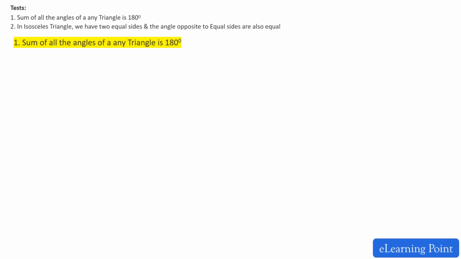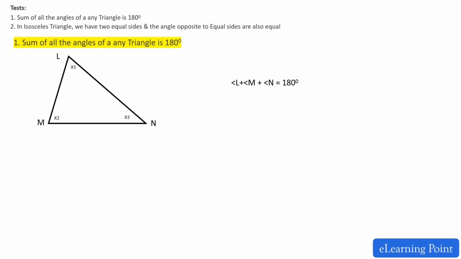The first is that the sum of all angles of any triangle is 180 degrees. We have this triangle LMN. The angle values are x1, x2 and x3. According to this test, angle L plus angle M plus angle N equals 180 degrees. That's why x1 plus x2 plus x3 equals 180 degrees.